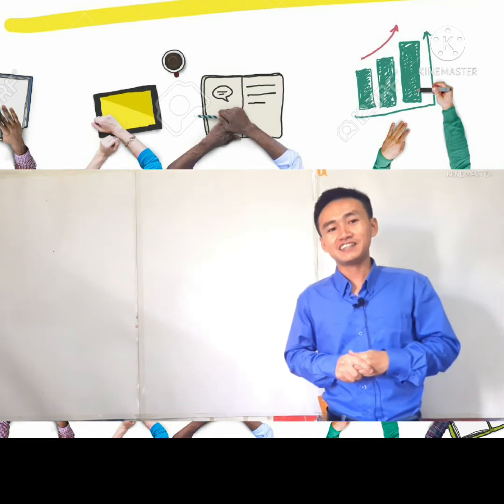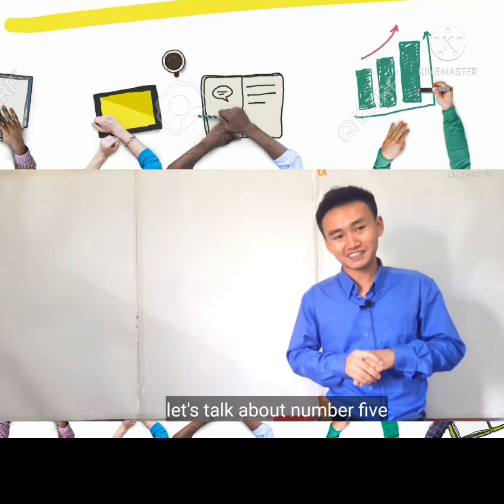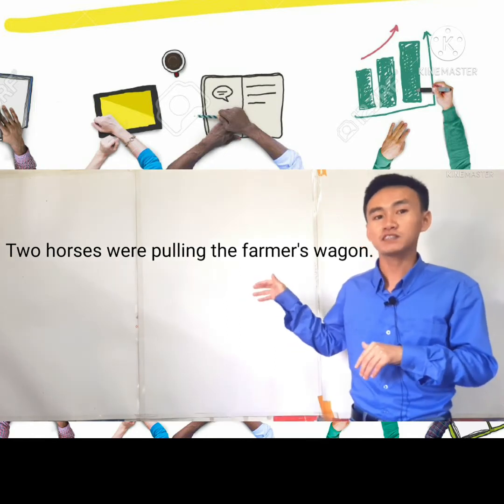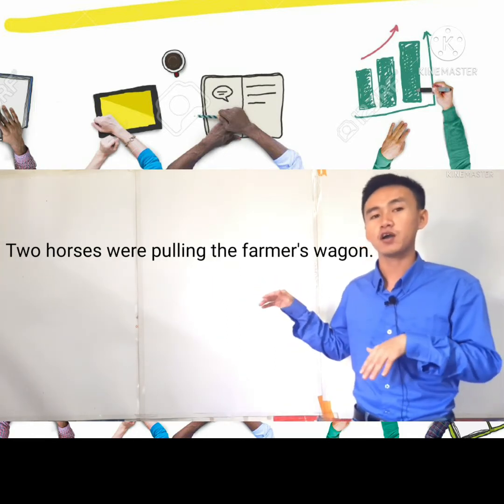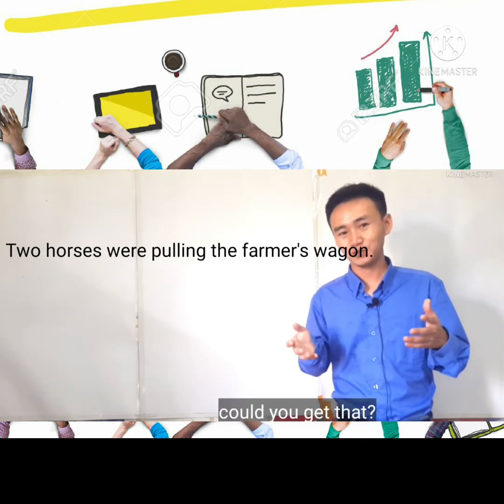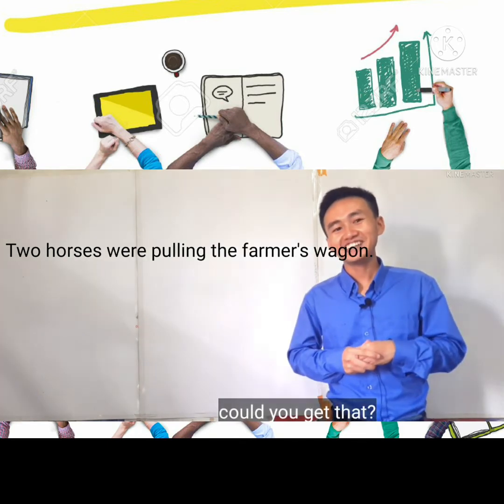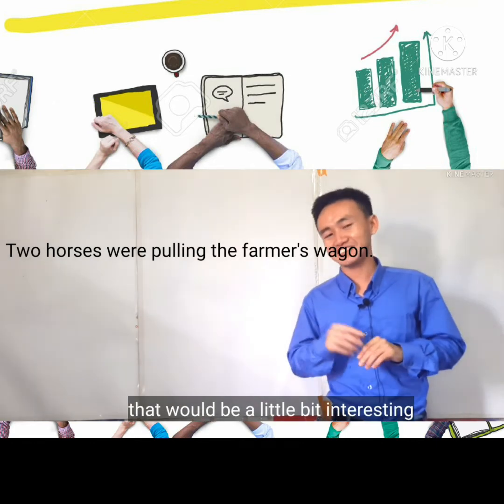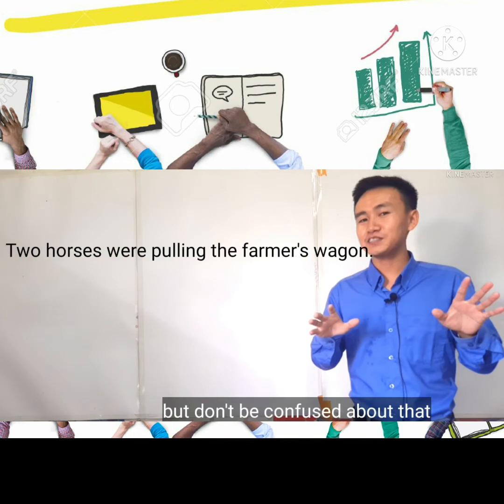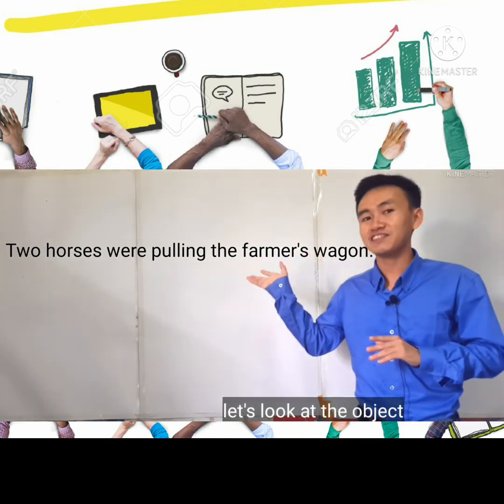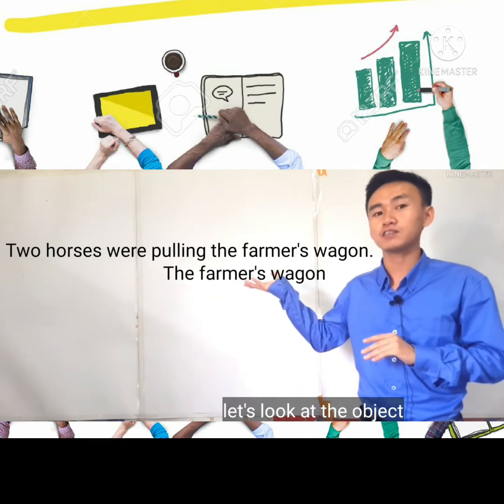Alright, and let's talk about number 5. Two horses were pulling the farmer's wagon. Could you get that? Yeah, that will be a little bit interesting, but don't be confused about that. Let's look at the object, the farmer's wagon.